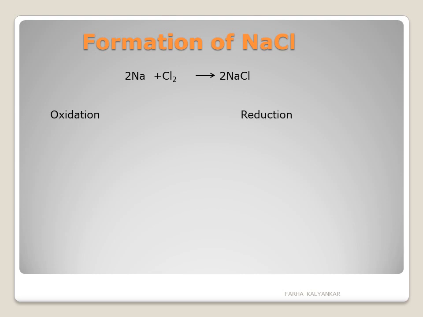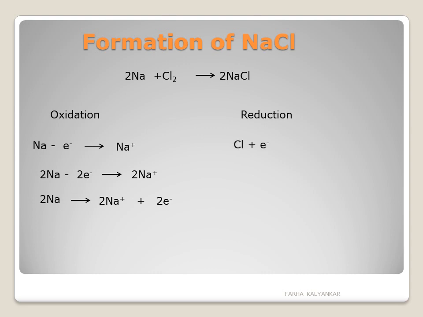Loss of electron, that is oxidation, takes place when sodium gives away 1 electron to form sodium cation. But in the equation, we can see there are 2 atoms of sodium involved. So, multiplying this oxidation equation throughout by 2, we get this. Now, taking the 2 electrons to the other side of the arrow, we get the equation to be this.